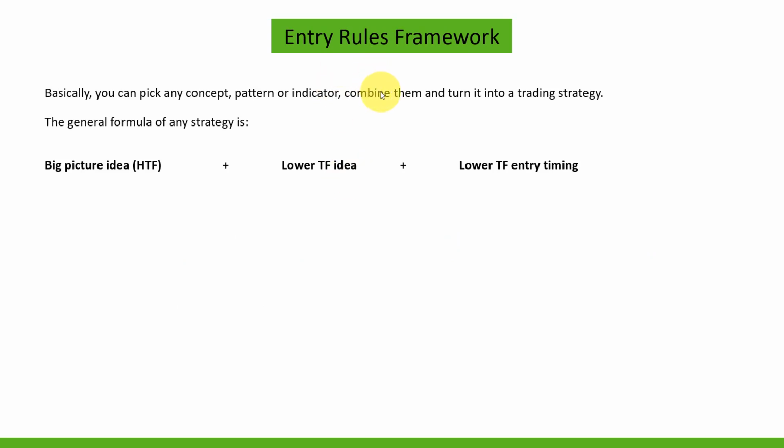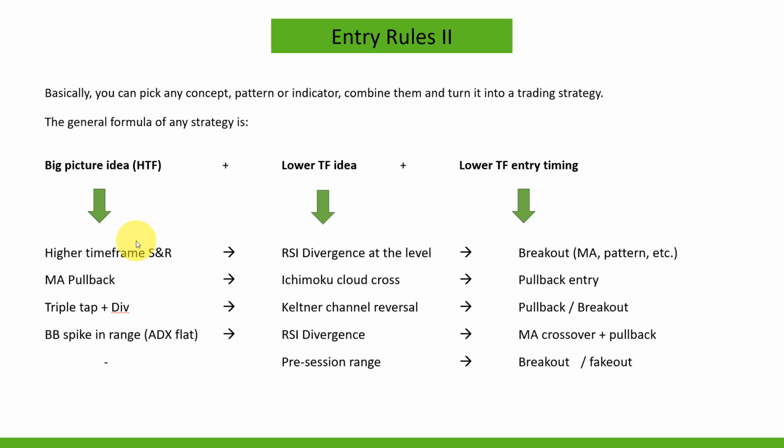And you can choose a framework. For example, when it comes to entry rules, my entry could be made up of a higher time frame idea, a lower time frame idea, and then how do I get into the trade? For example, you could look for a higher time frame support and resistance level and wait for the price to get there. Then you can drop to the lower time frame and look for a divergence at this level.